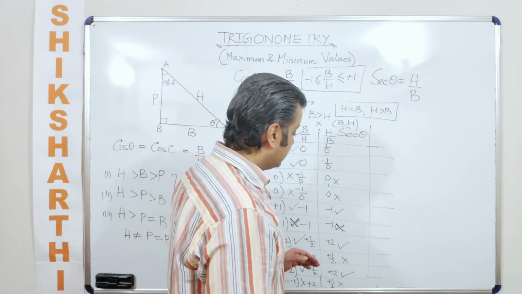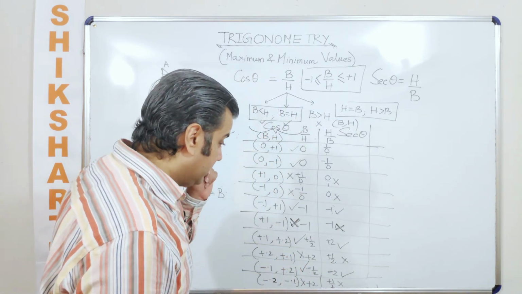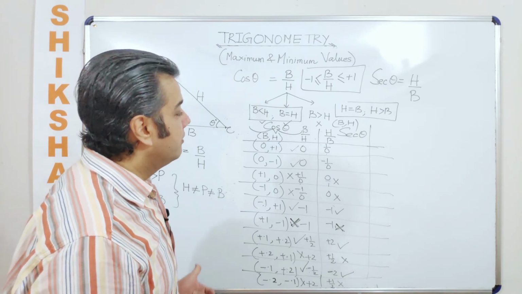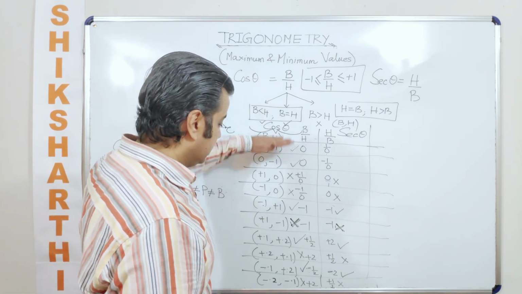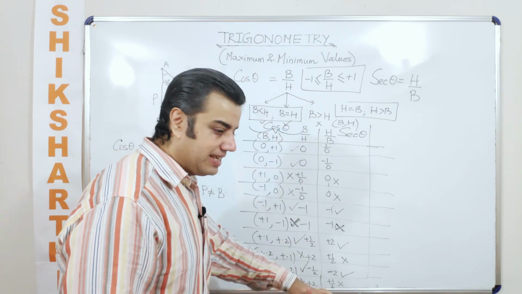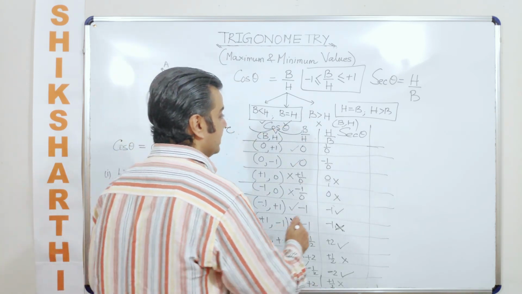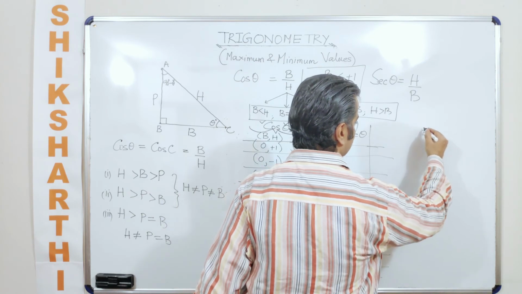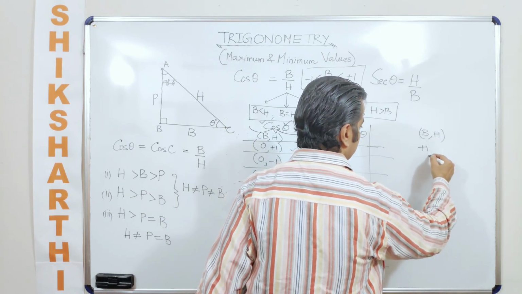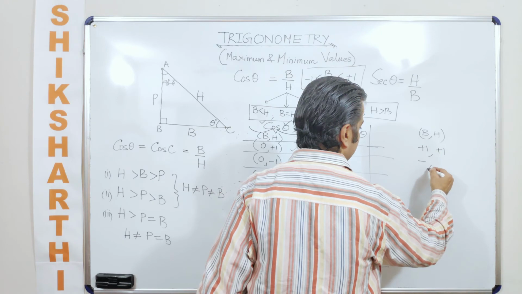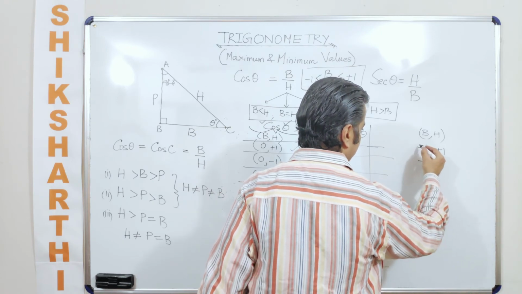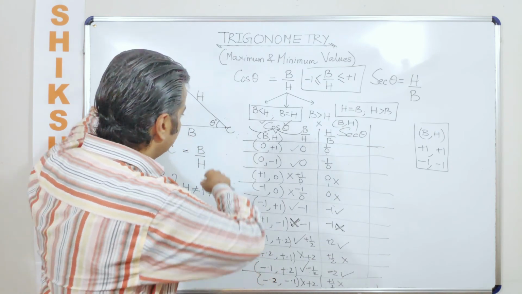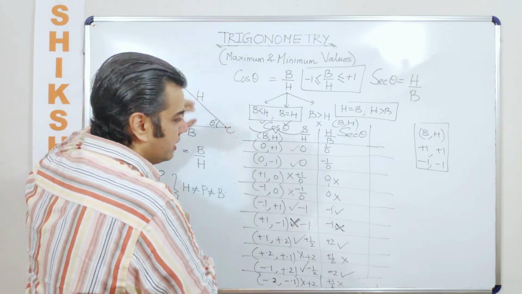So the point to understand now finally is, did we anywhere get the answer as plus 1? We did not get the answer as plus 1 in either this case or this case. It's just because of the fact that we did not take the values of b comma h as plus 1 and plus 1 or minus 1 and minus 1. We did not take these values, because I have already explained to you that it can take 1.